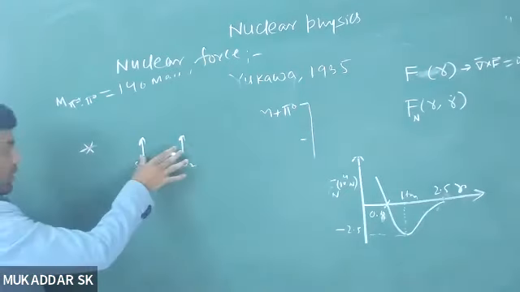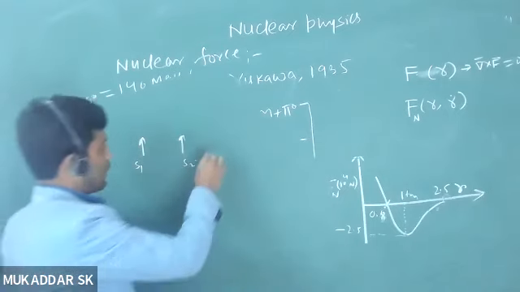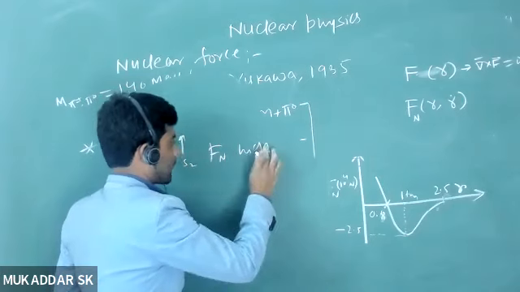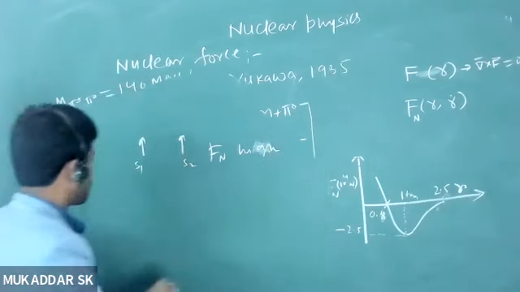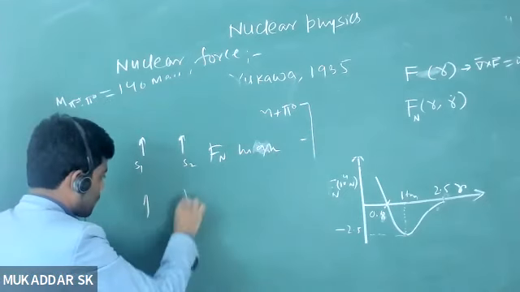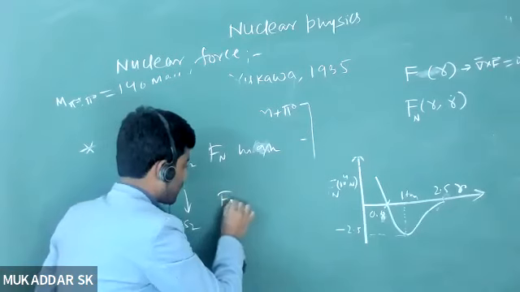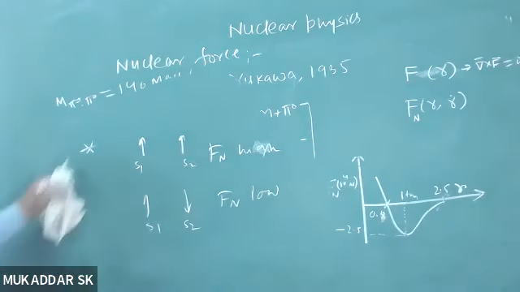If they are parallel, then for them nuclear force Fn will be high. But if they are anti-parallel, then Fn will be low. Okay.